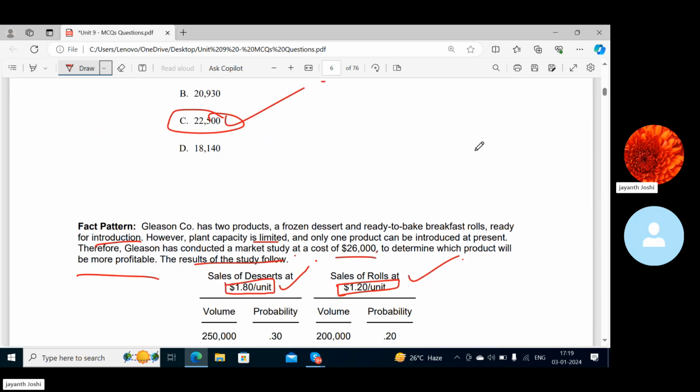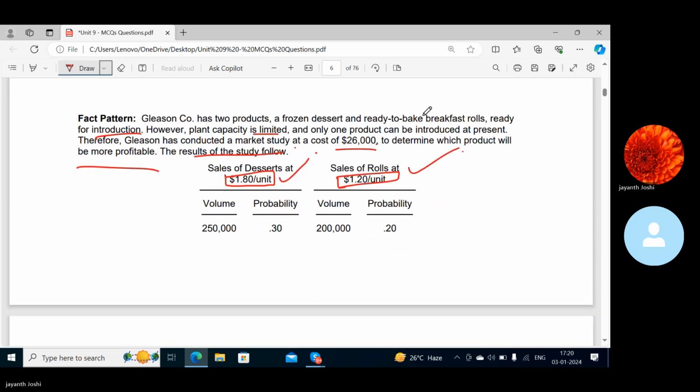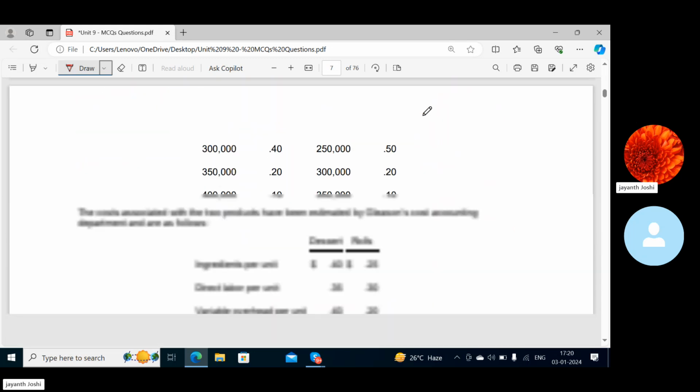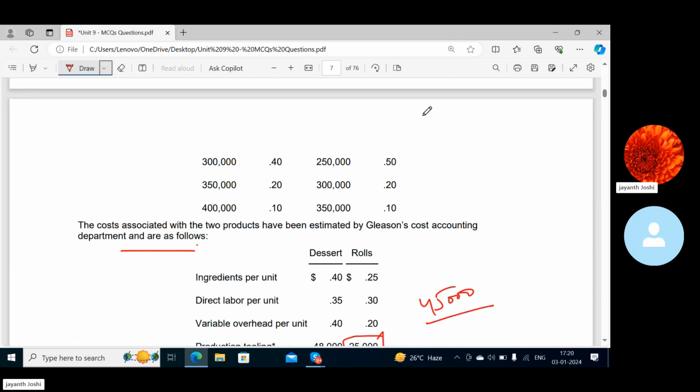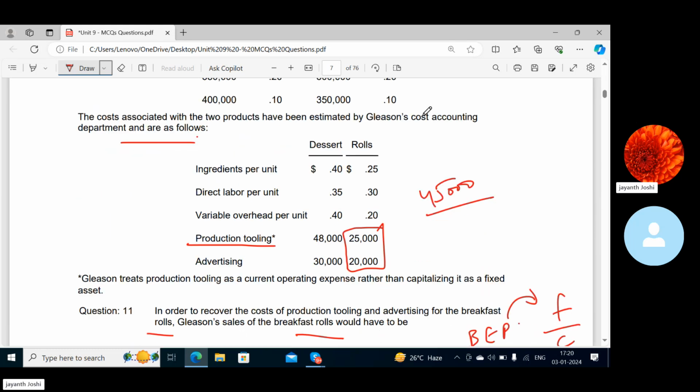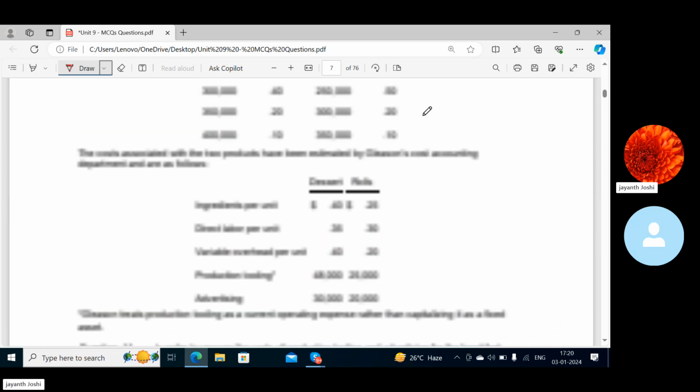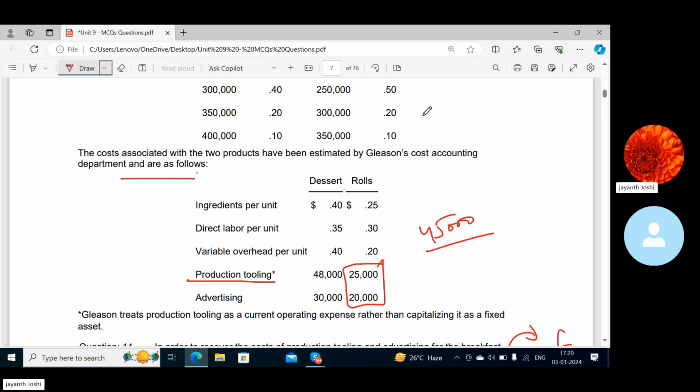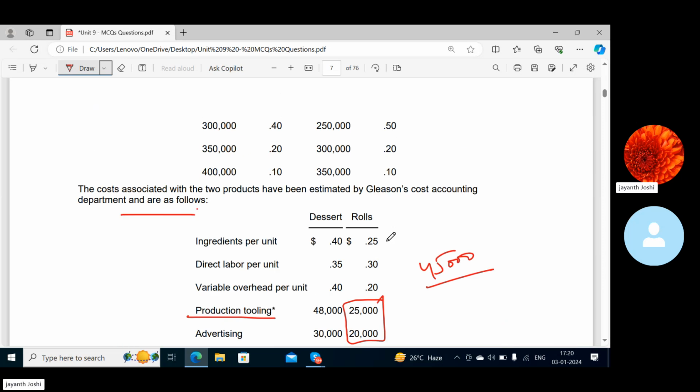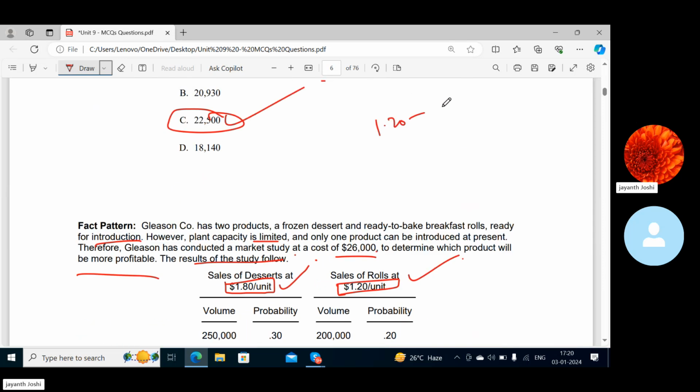Your sales value here is 1.20, minus the variable costs 0.25, 0.30, 0.20. All these are variable costs. So it will be 0.55, 0.75.